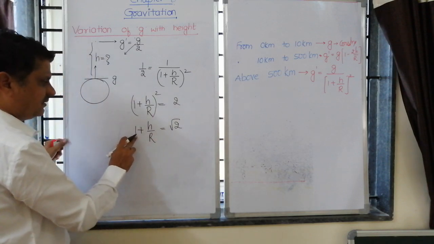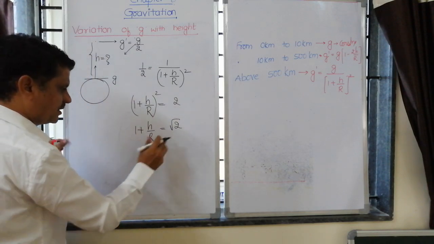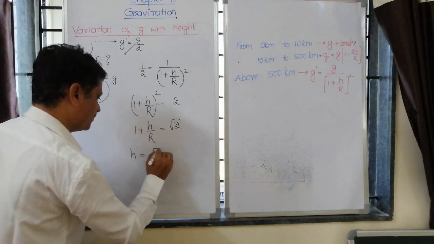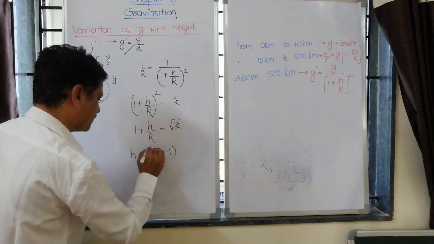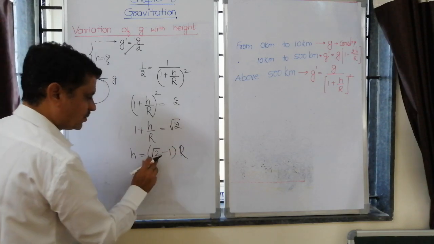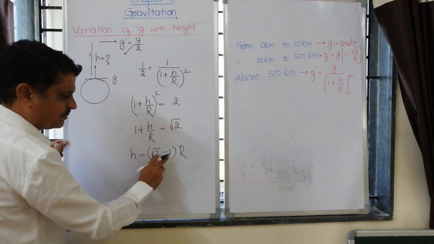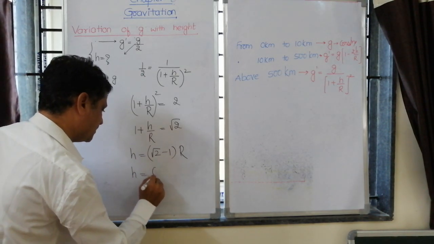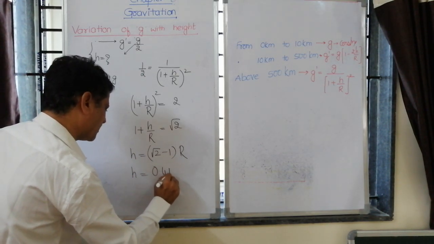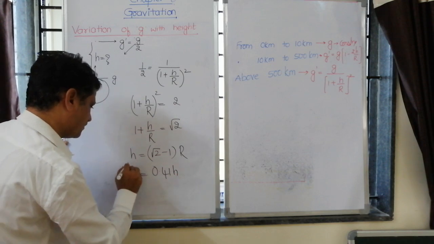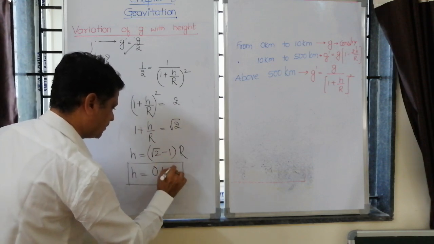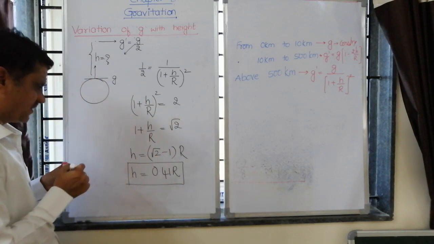We are interested in H. Therefore, substitute and simplify, you get H is equal to root 2 minus 1 into R. Root 2 means 1.41 minus 1, then it will be 0.41 into R. This is the first question. Copy.